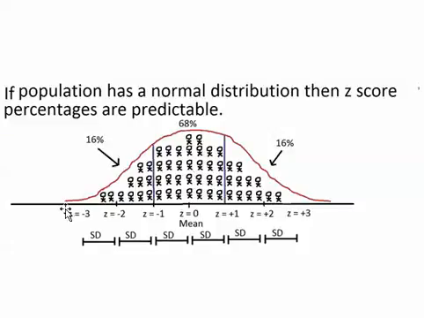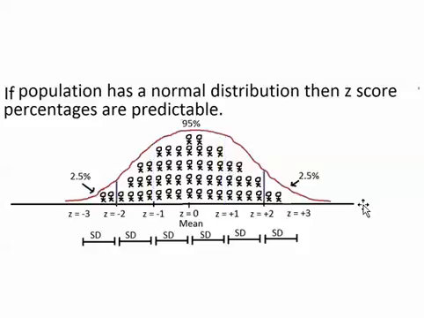If a population follows a normal distribution, then 68% of the population has a z-score between -1 and +1. 68% of them fall in here. Only 16% of the population has a z-score below -1, and only 16% of the population has a z-score above 1 out here.